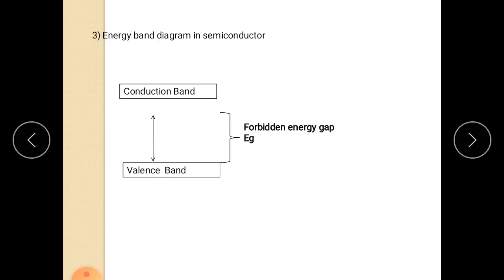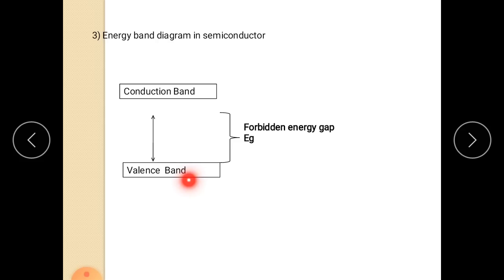One is at absolute zero temperature. At absolute zero, there are no electrons in the conduction band of the semiconductor, and the valence band is completely filled. The conduction band is empty, and hence we can say that at absolute zero temperature, the semiconductor acts like a perfect insulator.